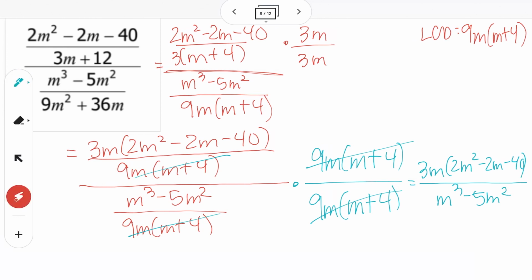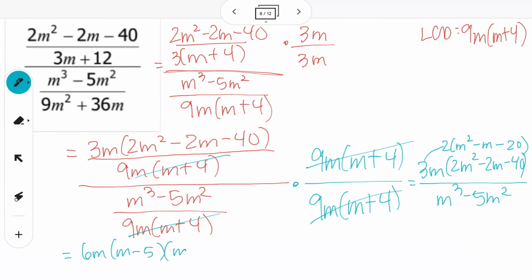Once you get to this point, again, we go back to day one. So I'm going to try to factor this as much as I can so that I can simplify. From this, I can pull out a 2, and then it'll be m squared minus m minus 20. That 2 will multiply by the 3, so I'm really going to have a 6m in front of my problem. And then when you factor m squared minus m minus 20, you get m minus 5 times m plus 4.